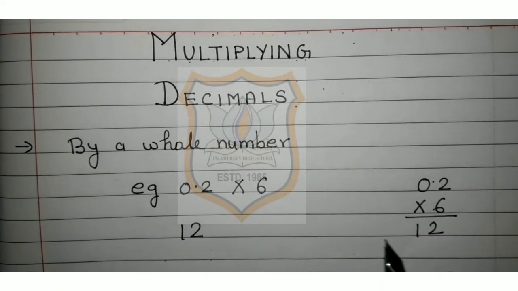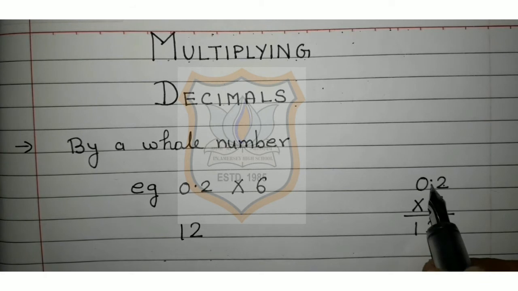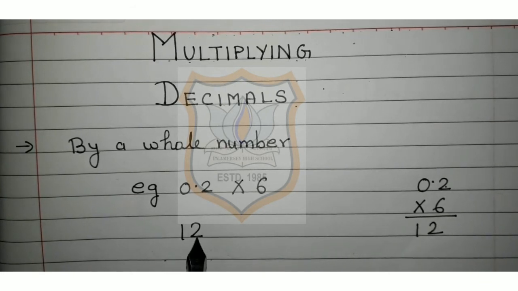Now we will put the decimal after one place because the decimal is after one place. We have to count starting from the unit place. So after 2 we will put a decimal point. So our answer will be 1.2.